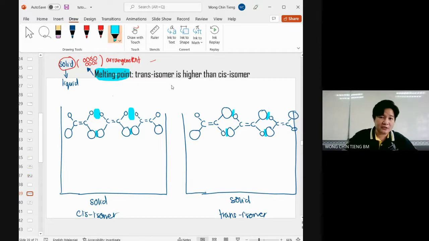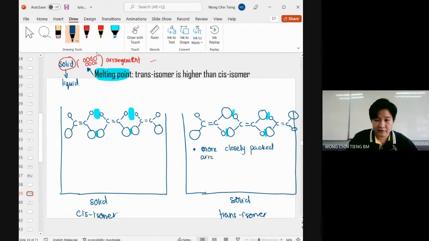So bila atas bawah pun rapat, that means over here, the solid arrangement is more closely packed. Keyword. Alright, more closely packed arrangement. And obviously, on the other side in the cis, disebabkan tempat kosong dia banyak, a lot of empty spaces.